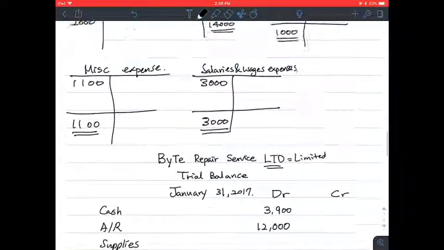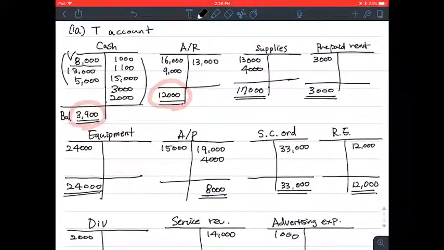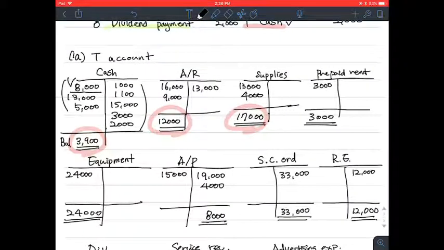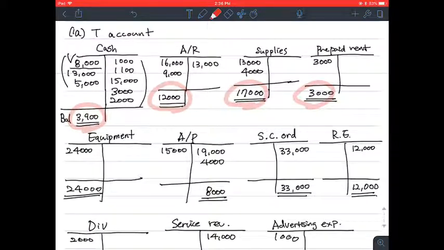And for supplies, we had 17,000, and then we had prepaid rent. Is prepaid rent your asset or liability?